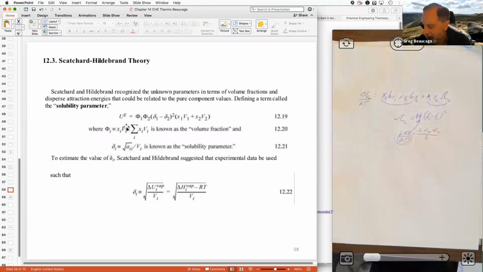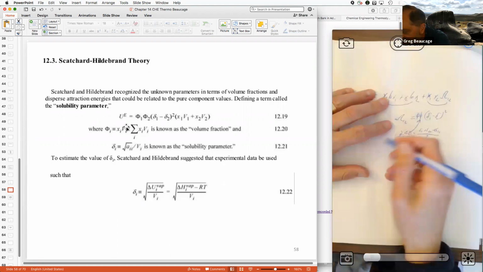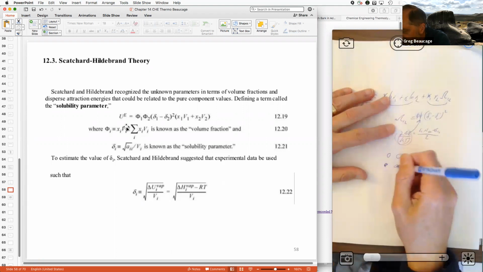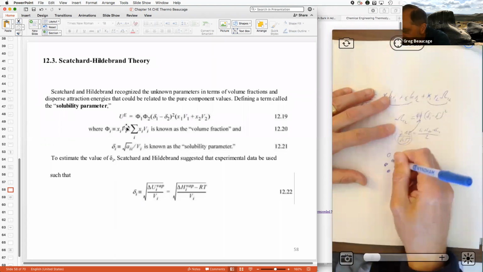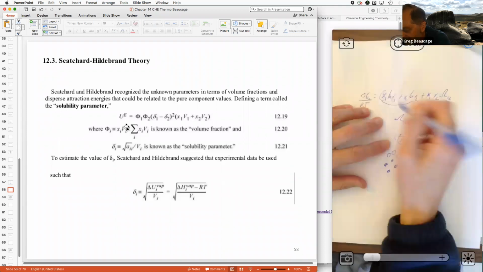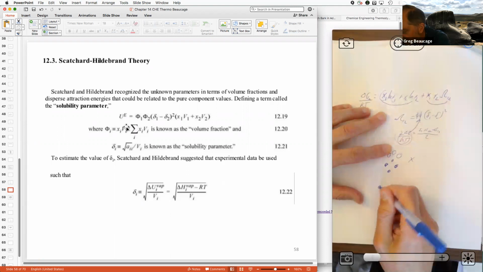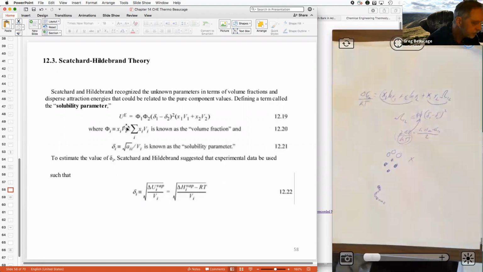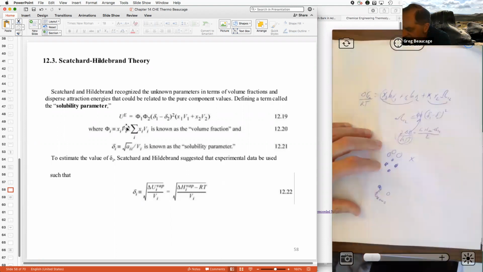So if you have things that are the same size, like filled circles and unfilled circles, then mole fraction makes sense, right? That's the thing I'd use here. Let's say you have things that are different sizes. You have, say, polymers as the chief example, right? So you have polymers mixing with a solvent, right? So these things aren't the same size.